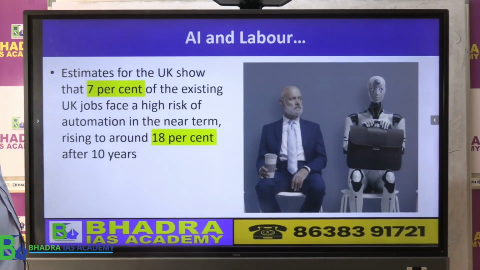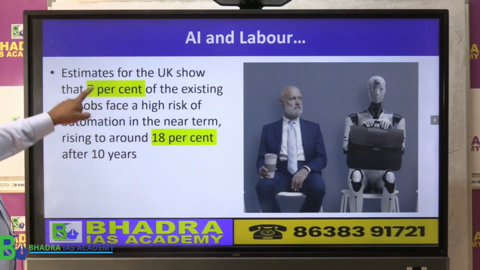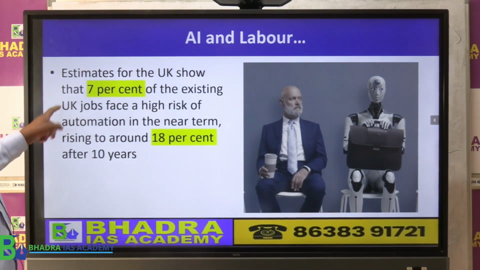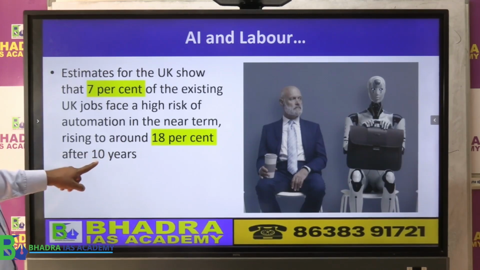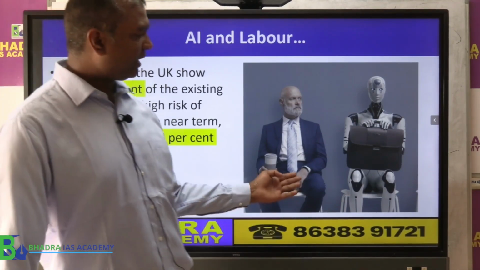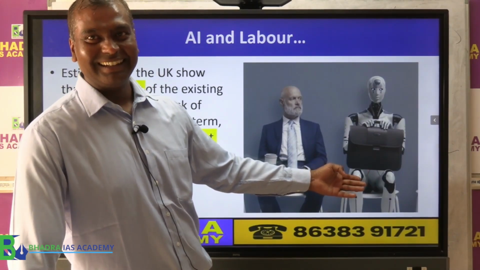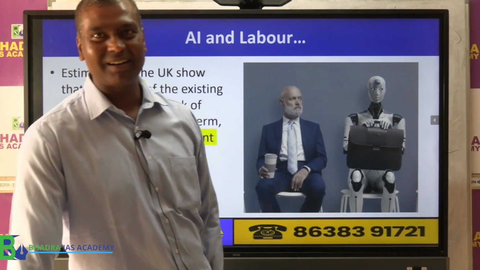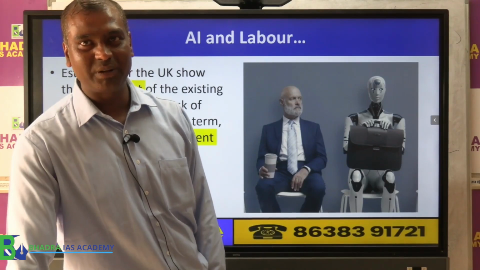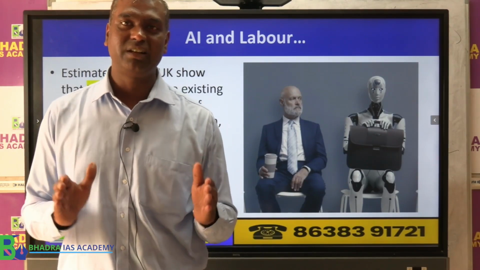A similar study also shows, for example in the UK, 7% of the existing UK jobs will face a risk, and in a 10-year time, that 7% might become 18%. So when you go and apply for a job, you might find an artificial intelligence robot being given that job, and you are not. Basic works which are done by human beings are expected to be completed by artificial intelligence.